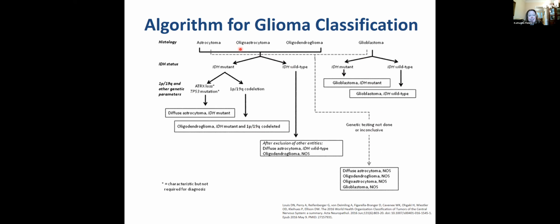What's interesting is the oligoastrocytoma really fell out; it doesn't really have a place anymore. If you know the IDH status and also the p53 and 1p19q co-deletion status, you can put them in the bins of astrocytoma or oligodendroglioma. So it's very important to know that you really can't have an oligoastrocytoma unless you don't know the IDH status.